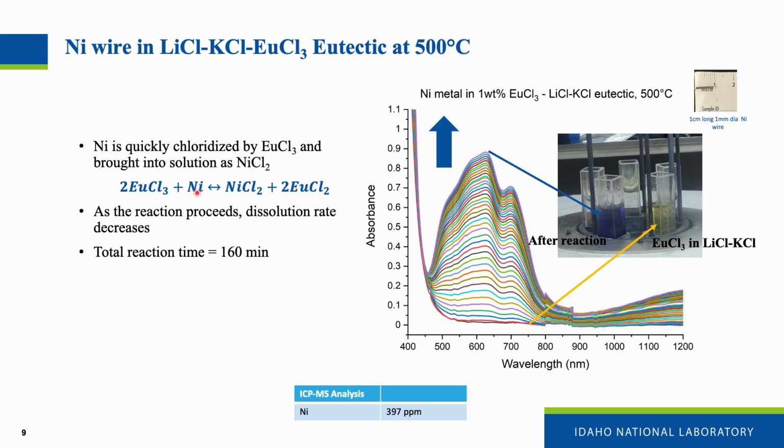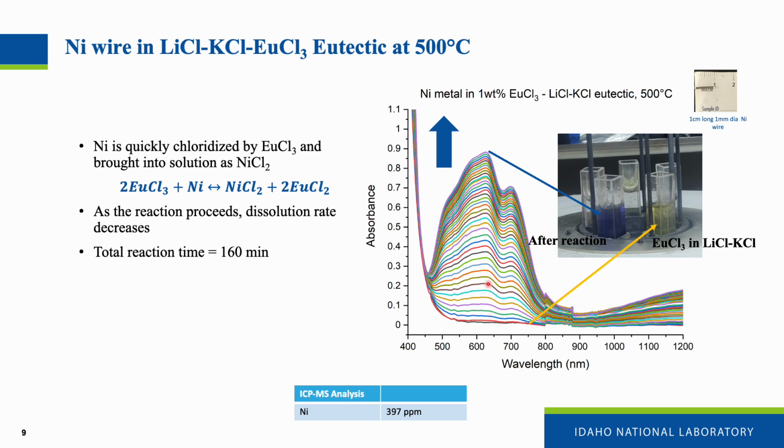And we see that this nickel metal is very quickly oxidized by europium chloride present in the melt, which produces nickel chloride. So nickel 2 plus gives this spectra, and it starts showing up as soon as 4 minutes.